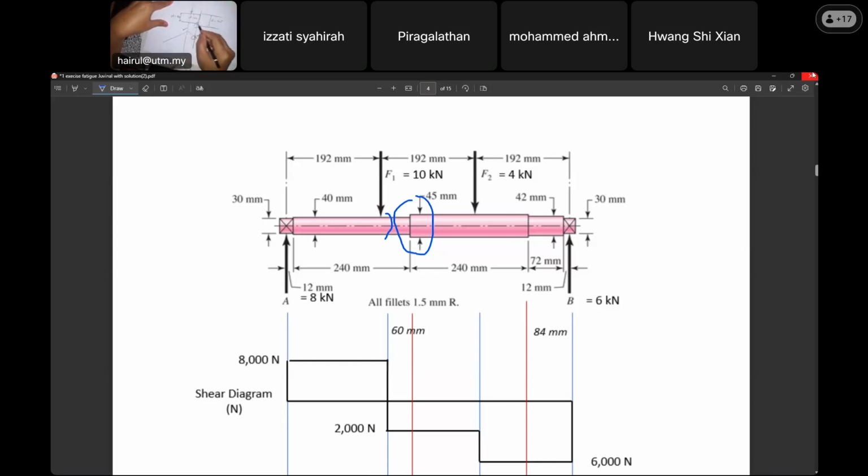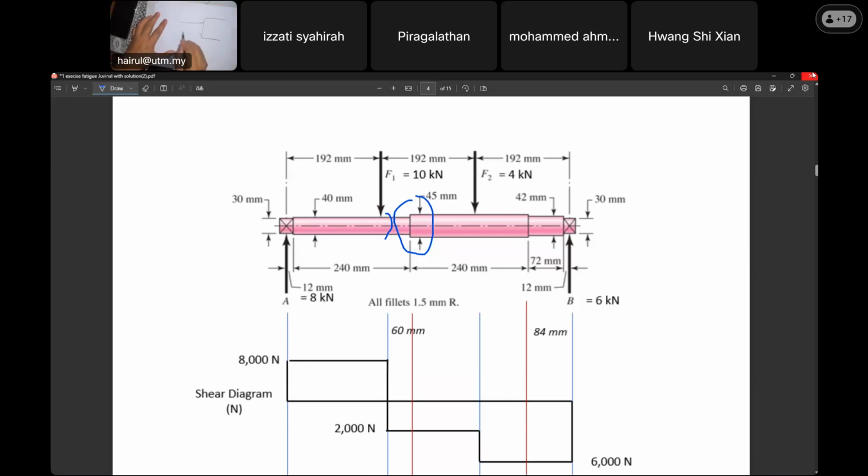Why is the shoulder critical? More critical than the plain one. Even though this is the maximum moment, this one is close to maximum, but the shoulder is more critical. Why? We have KF, the stress concentration factor. Why stress concentration factor? Because at the shoulder, when I zoom in, if you're looking at my video, we have a fillet.